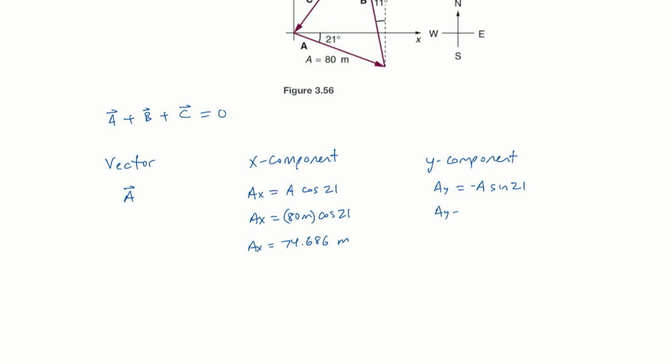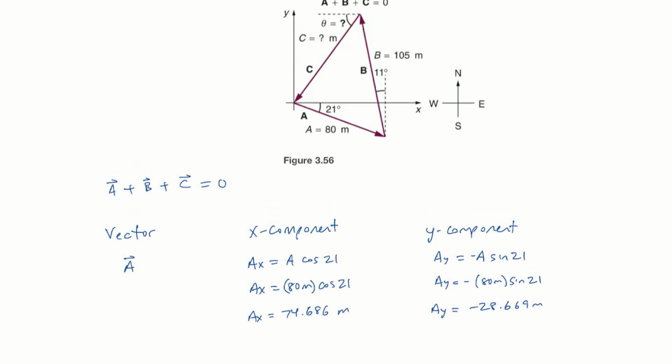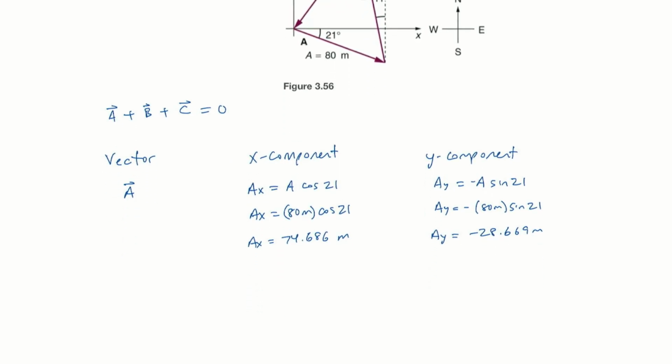So AY is minus 80 meters sine 21, which is minus 28.669 meters. B has a negative x because it's slanted towards quadrant 2, but it is going up, so its y component is positive.